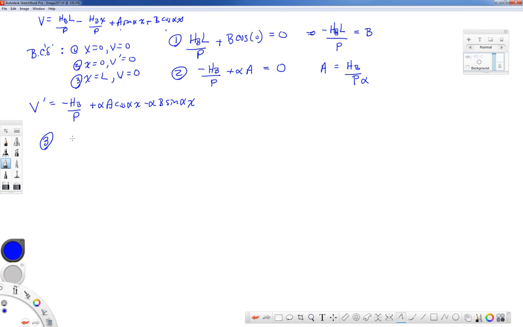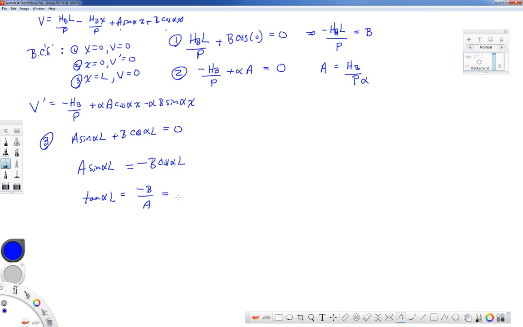And then we have A sine alpha L plus B cosine alpha L equal to 0. Let's work with this equation just a little bit. A sine alpha L would be equal to minus B cosine alpha L. Let's take the cosine over here. Sine over cosine is tangent, so we got tangent alpha L would be equal to minus B over A.